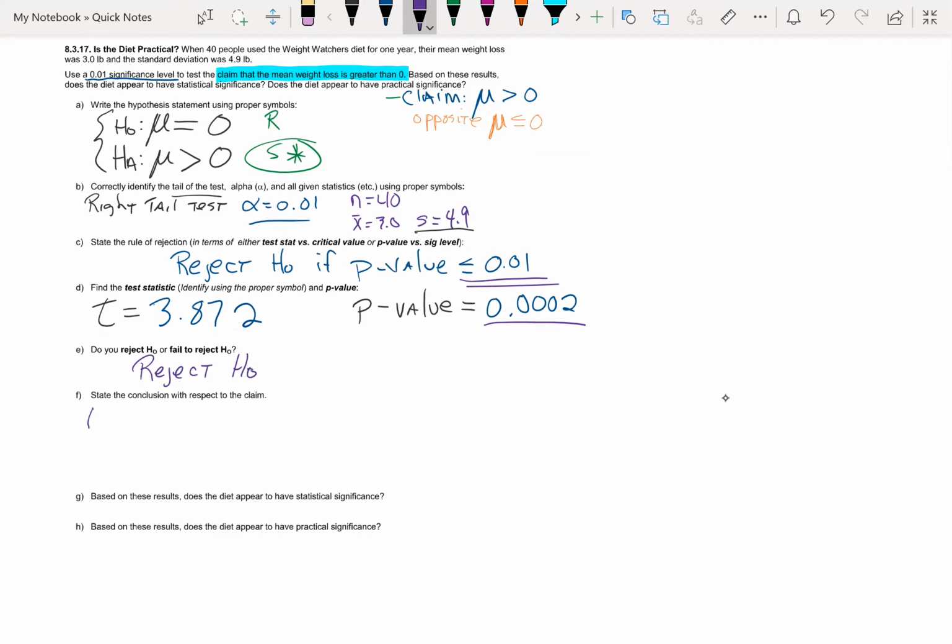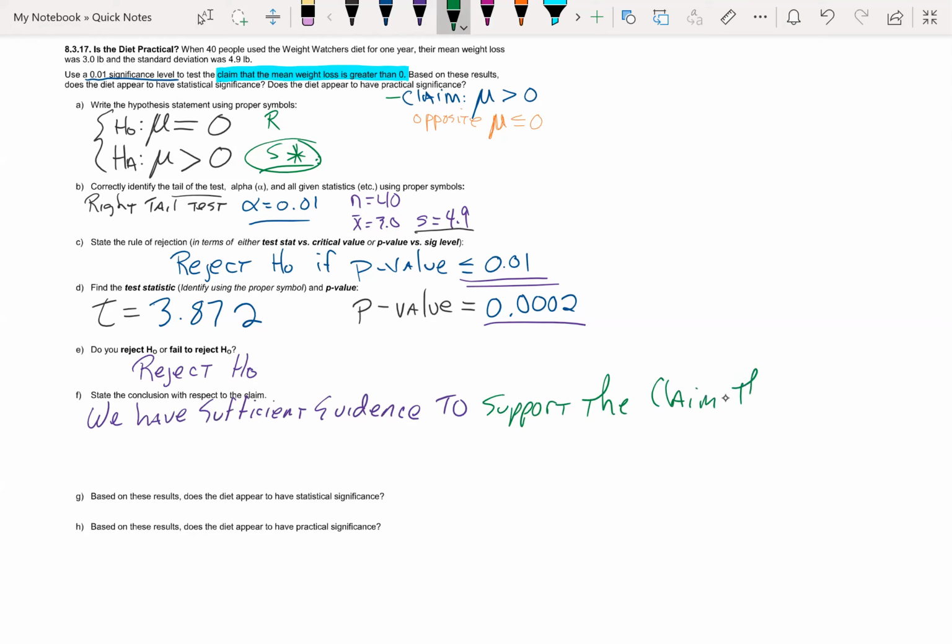And when we reject the null hypothesis, we have sufficient evidence to, and now we come back up here, it's the S, so we talk about support the claim that, and then finally we just write our claim as it appeared up there. The mean weight loss is greater than 0.